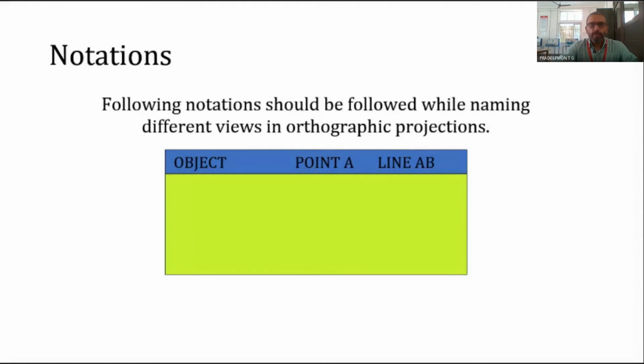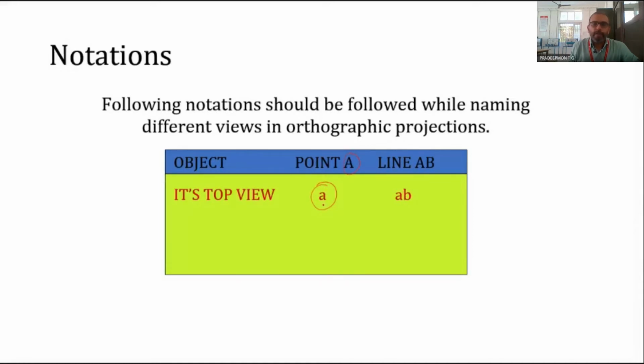So if we consider a point A, its top view will be named always as A itself, small letter a. A point we always represent by capital letter A, and the top view will always be represented by small letter a. That you should remember.